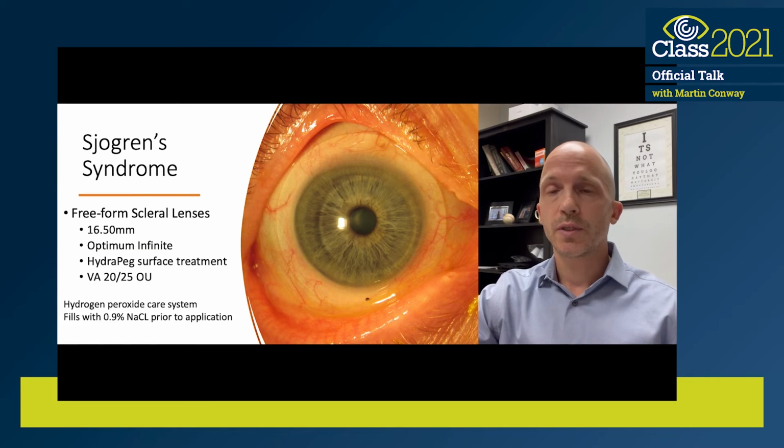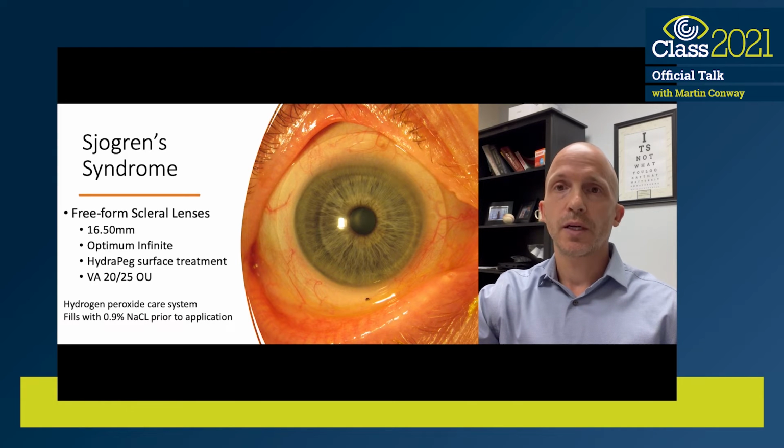We were able to design 16.5 millimeter free-form scleral contact lenses using Optimum Infinite material. And for this patient, because of her known and severe dryness, we did add HydraPEG surface treatment to improve wettability and comfort of the contact lenses.